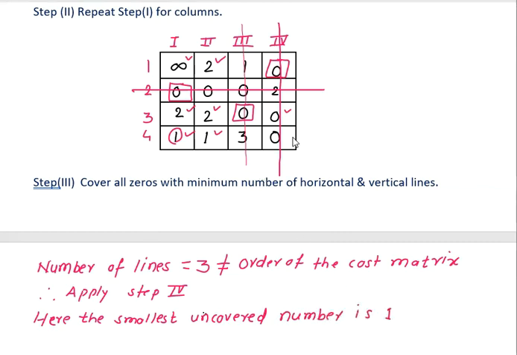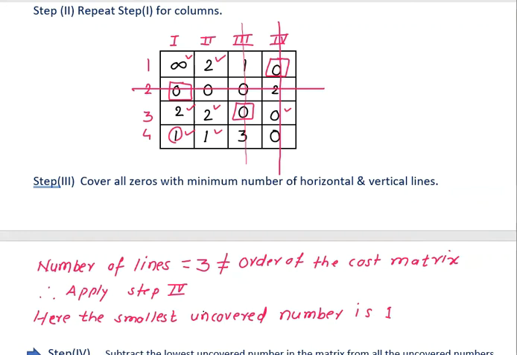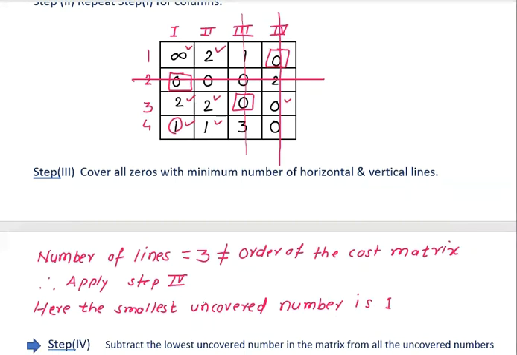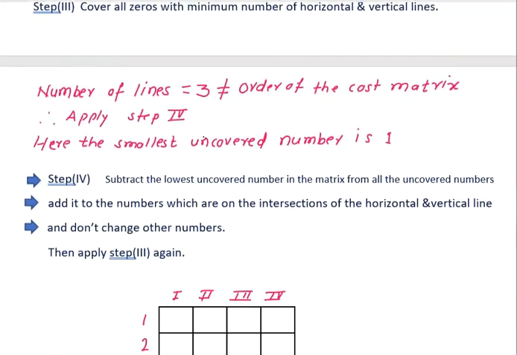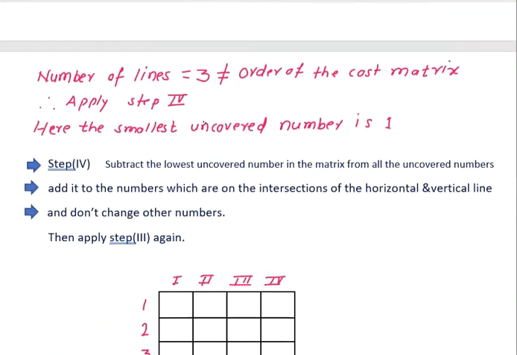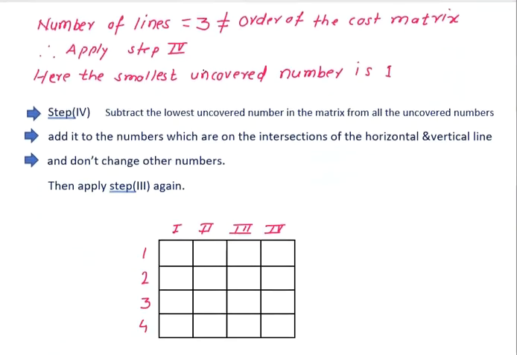Subtract this smallest uncovered number from all the uncovered numbers, add the same number to the numbers which are on the intersection of horizontal and vertical lines, and do not change other numbers. This is step number 4.